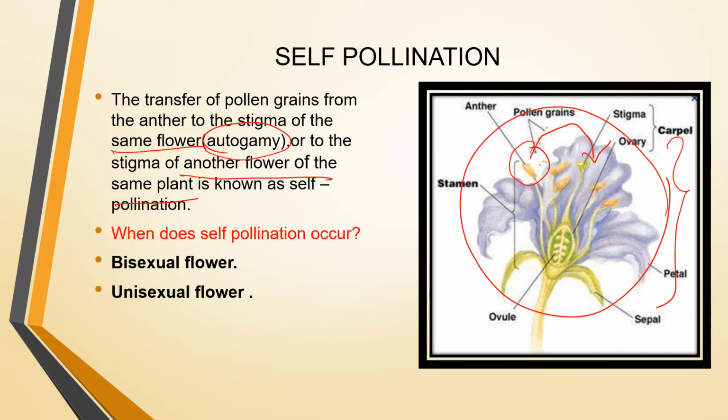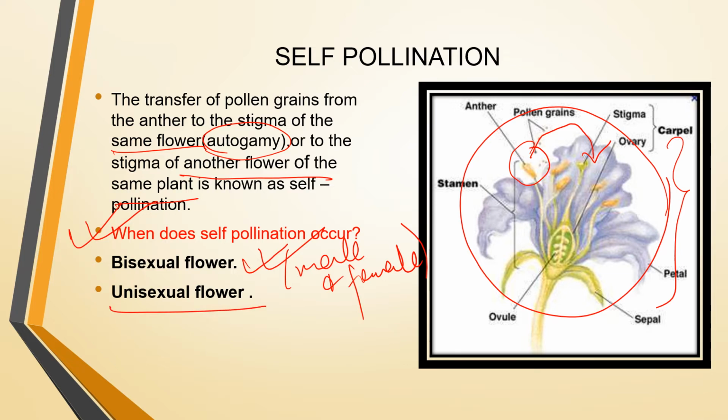Both of these are self-pollination. Now there is a question in our mind: when does self-pollination occur? This occurs when the plant has bisexual flowers, having both male and female sex organs, and also unisexual flowers. So is it clear?